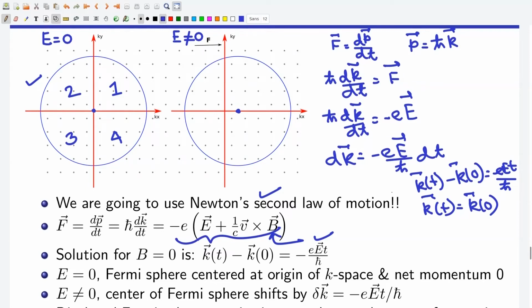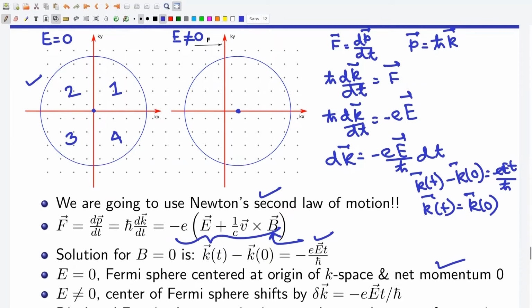That implies that the net momentum is equal to 0. That is, when E is equal to 0, the Fermi sphere will be centered at the origin. The moment the Fermi sphere shifts from the center of the k space, the net momentum will be non-zero.